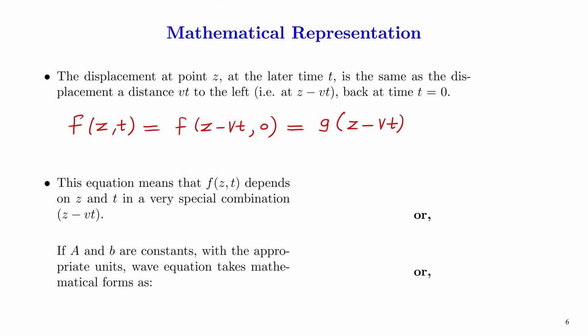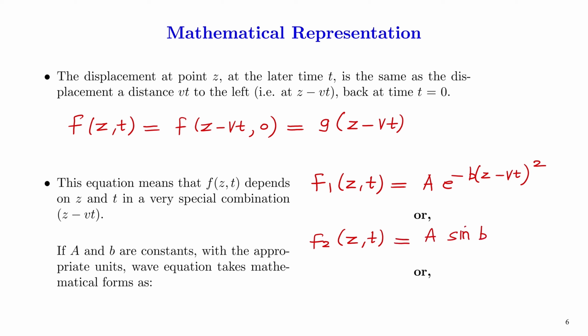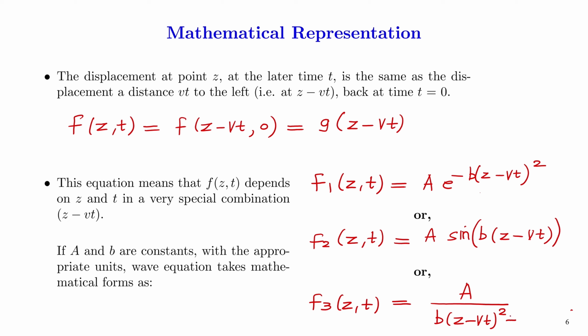If we consider two constants a and b with appropriate units, we can frame the wave equation mathematically as f1(z, t) equal to a e raised to minus b (z minus vt) the whole squared, or like f2(z, t) equal to a sine b (z minus vt), or like f3(z, t) equal to a over b (z minus vt) the whole squared plus 1.